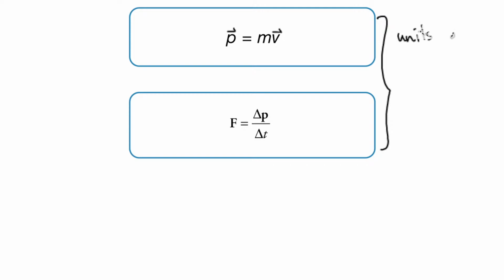Momentum would have units of mass times speed. So that would be kilograms meters per second, or like we see here, momentum should look like force times time, in which case we could also claim units of newton seconds. So a few equivalent sets of units, and it's good to be clear on both of those.